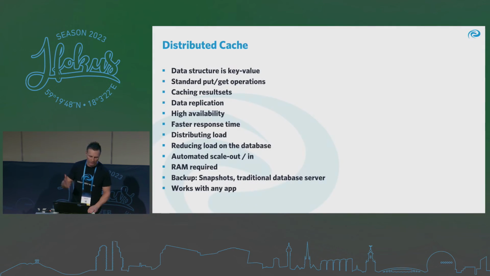Distributed cache mostly is used for websites and shop systems. It mostly uses a key value structure, caching results. So these are the common use cases for distributed caches, and of course, reducing the load on a database.